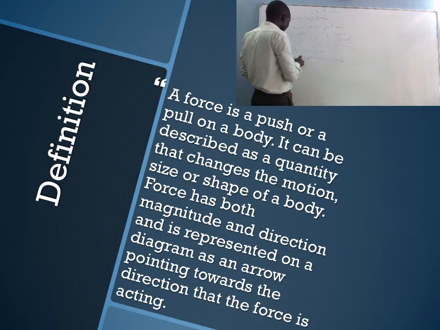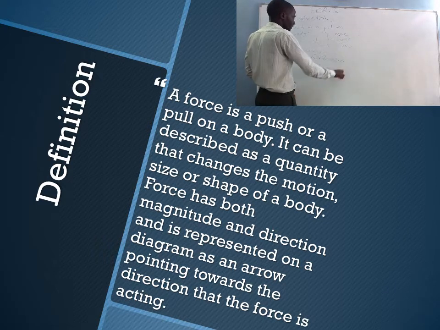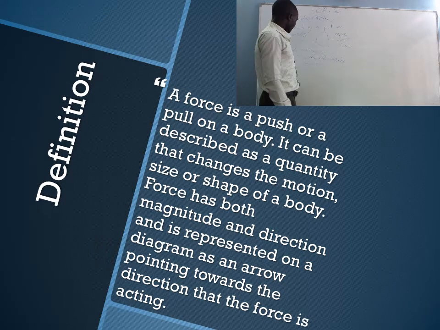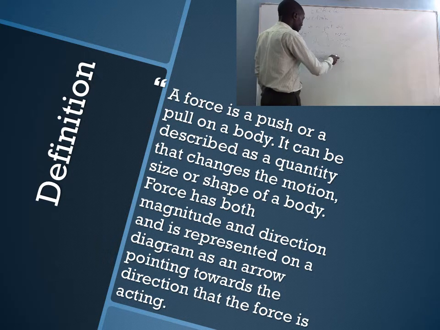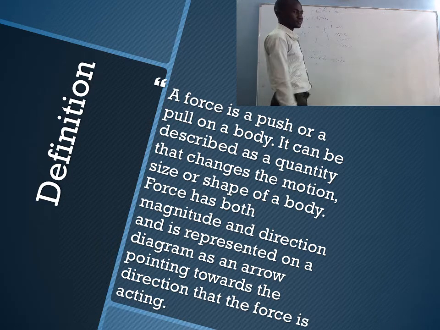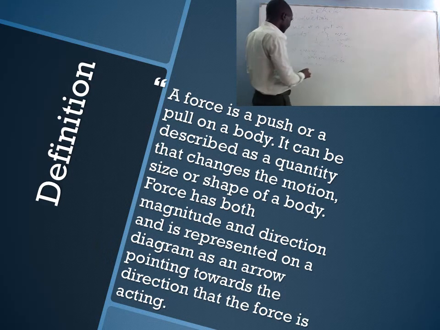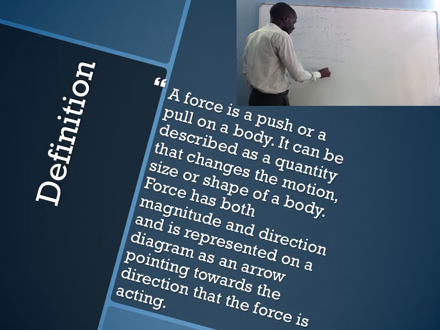And also, a force has direction. So these are the two main properties of a force, that it is a quantity that has magnitude and direction. In other words, we can say that a force is a vector quantity.